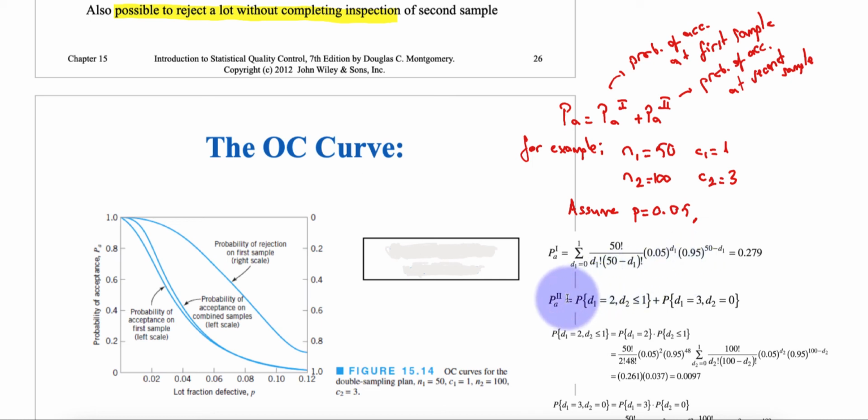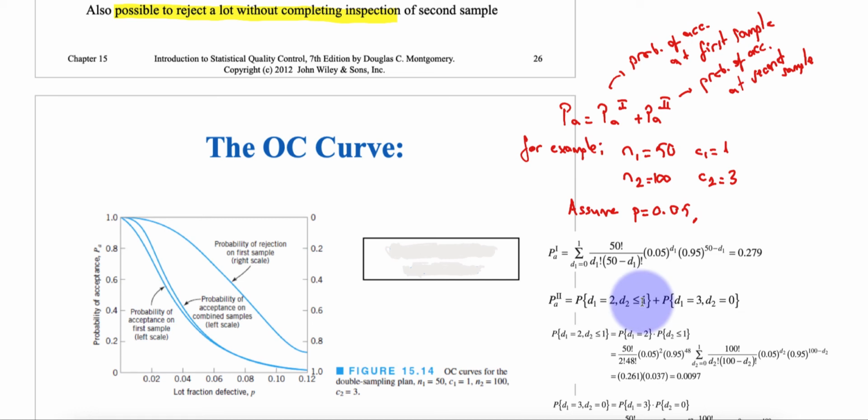For the probability of acceptance at the second sample, we take two cases in this example. In the first case, D1, the number of defectives in the first sample, is 2, and the number of defective units in the second sample is less than 1.